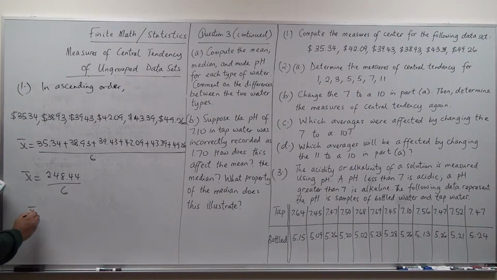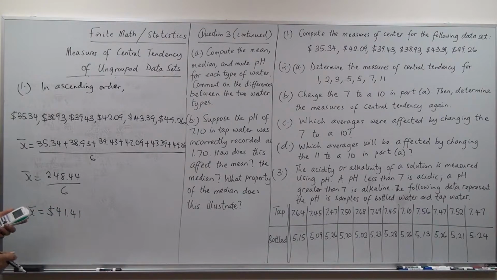Now, it's not just good to add it one time and write your answer. It's good to do it twice to make sure. So I'll do it again: 35.34 plus 38.93 plus 39.43 plus 42.09 plus 43.39 plus 49.26. It's good to always check it again, twice, before you conclude, and then you divide by 6, right?